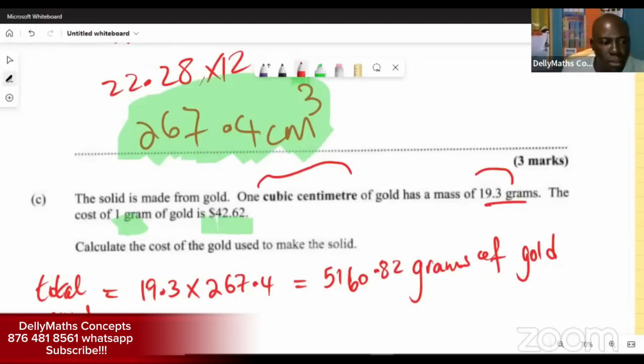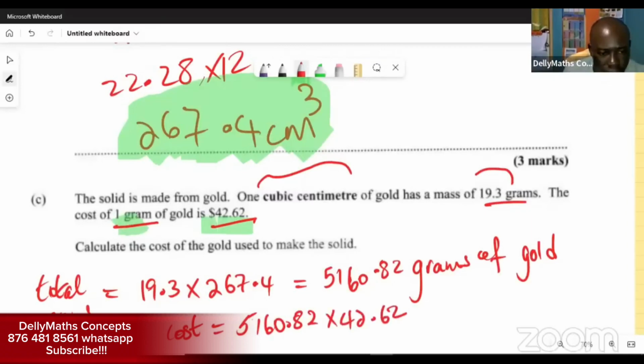Now, here's the deal. For every 1 gram, it's going to be $42.62. Look how many grams I have. So the cost is going to equal 5,160.82 times $42.62.